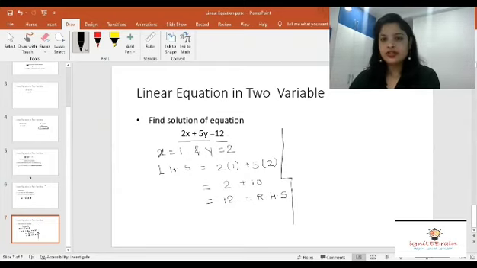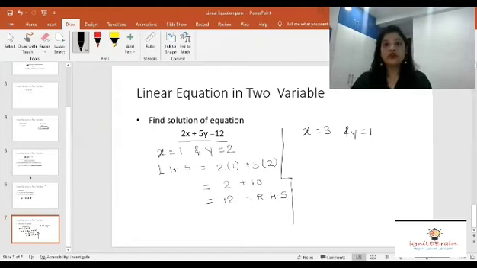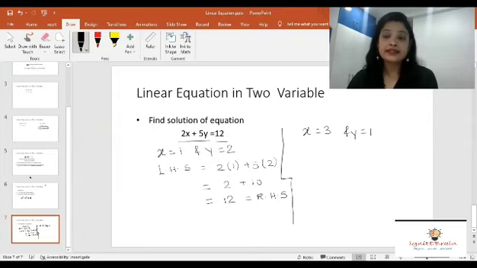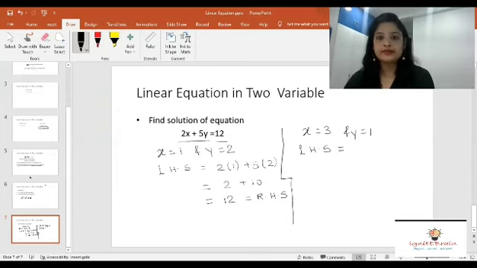Now let's try a different value of x and y. Just try whether x equal to 3 and y equal to 1 is a solution of this equation. Just try it out. Are you trying? But the answer is no, let me tell you why. When I put x equal to 3 and y equal to 1 in the left hand side, 2 multiplied by 3 is 6, and 5 multiplied by 1 is 5.